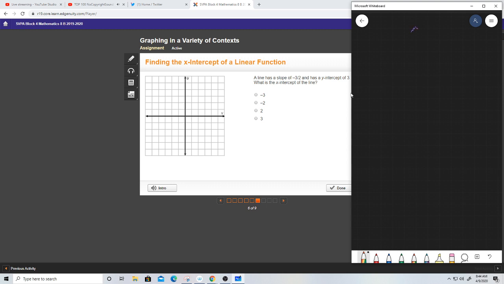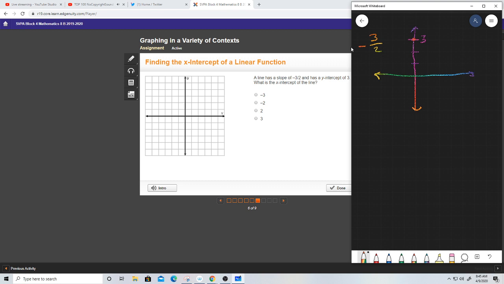So we're gonna draw us a little graph. Alright. So y-intercept of 3, okay? That's just 1, 2, 3. So a dot here. Alright, and then a slope of -3 halves. So once again, I'm just gonna write -3 halves.